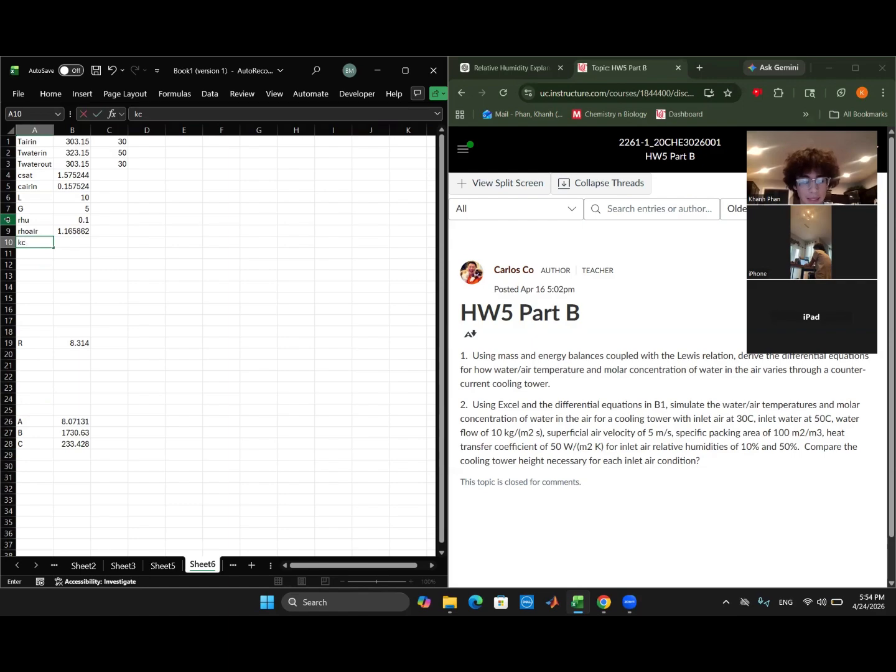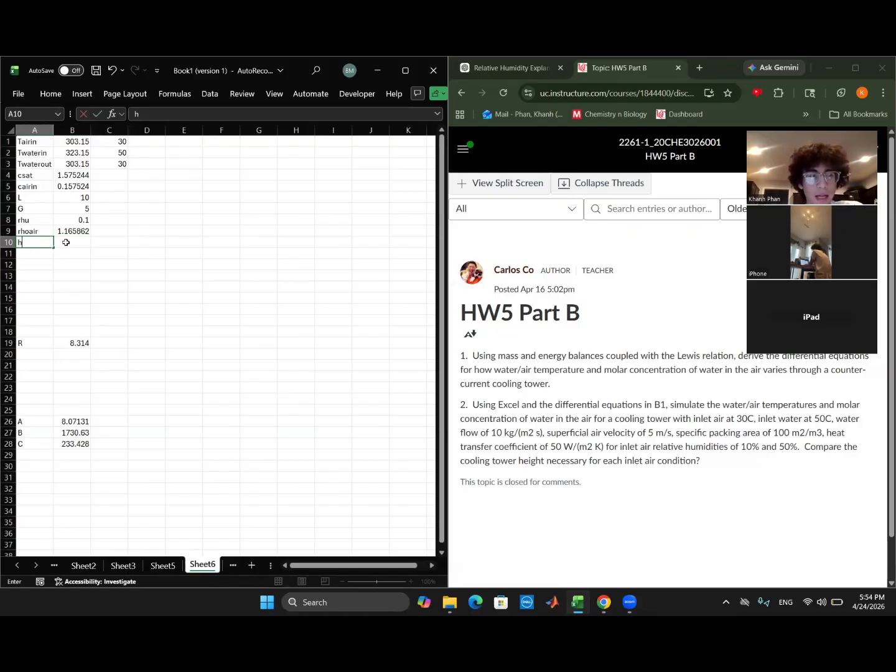Okay. So we need to define Kc. Kc is equal to H divided by, so H is our heat transfer coefficient.